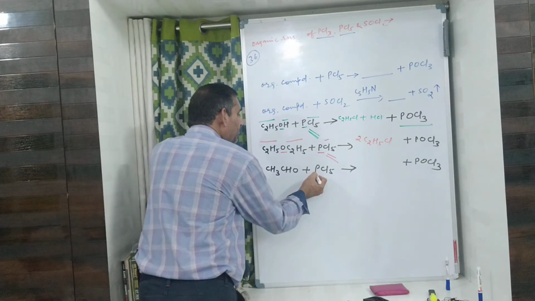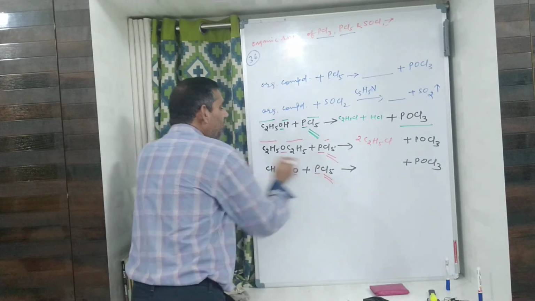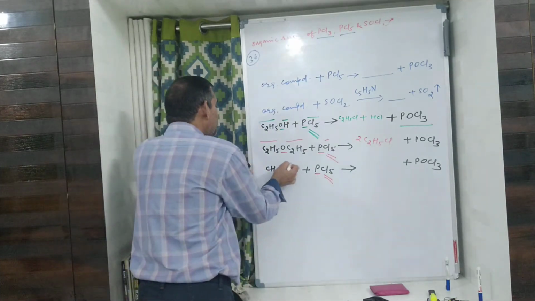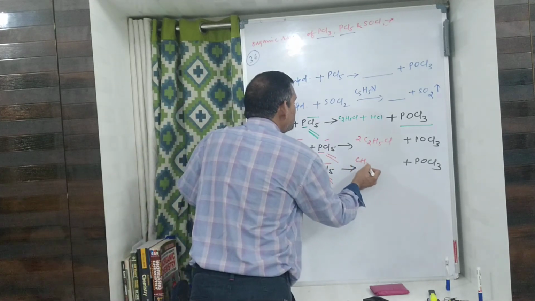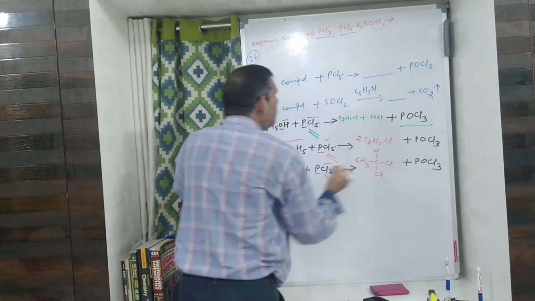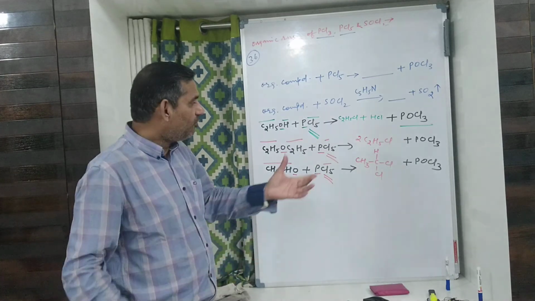P, you will be taking from here, O and 3Cl. What rest is? Rest is CH3CH and Cl2. So CH3CHCl2.